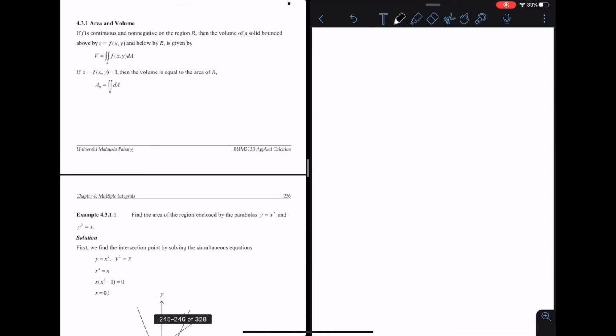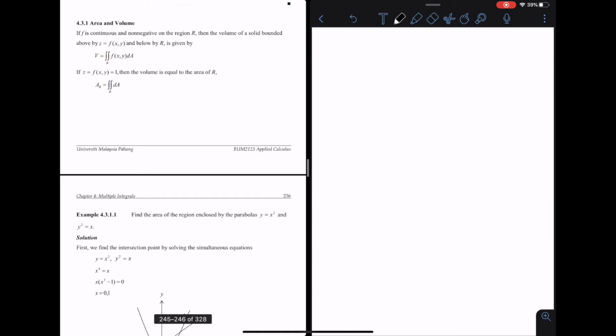For single integration, normally we use it to determine the area under the curve. By using double integral, we can determine the area of the region R, and at the same time we can also use double integral to determine the volume of a solid bounded by a function. Now let me write something.